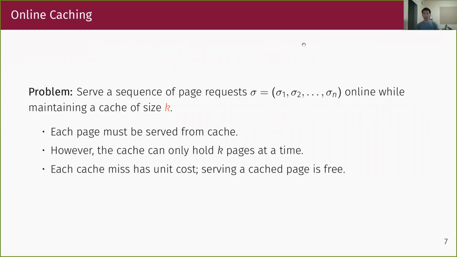We say that we serve the page for free. However, if a page is not in the cache, then we have to pay a unit cost to bring the page into the cache before serving it. And if the cache is full, it already has k pages, so before we bring the requested page into the cache, we also have to choose a page already in the cache to evict. This eviction is the key decision that the caching algorithm makes.